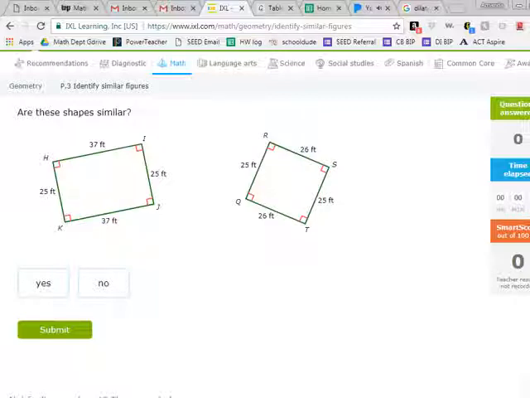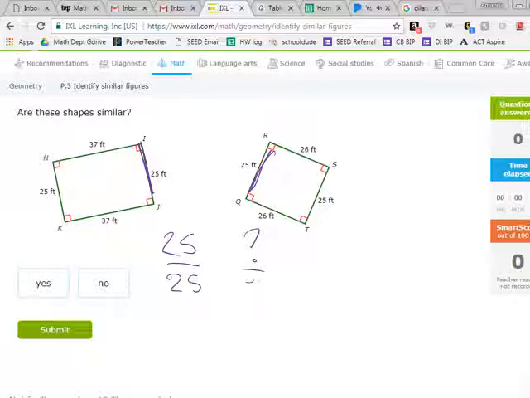P3, they want to know, are these shapes similar? So one way that we could look at that is we need to look at the sides. If I look at, let's say, IJ versus RQ, that's 25 over 25. I want to know, does that equal something else? So this one says 26. So we've got 26. Oh, let me do that a different color.